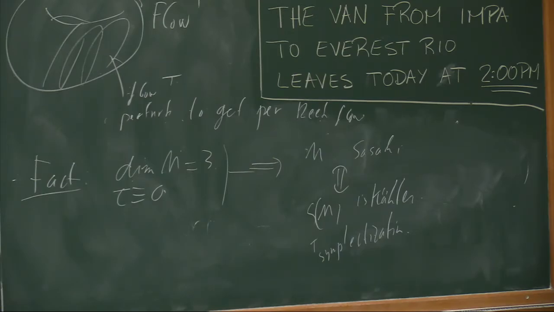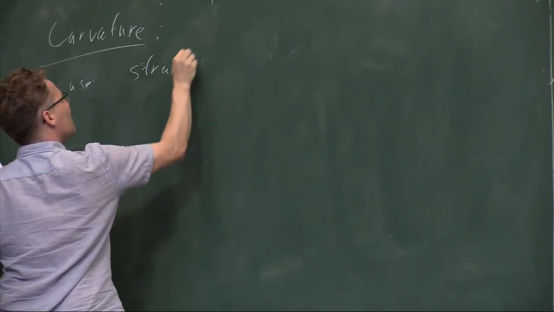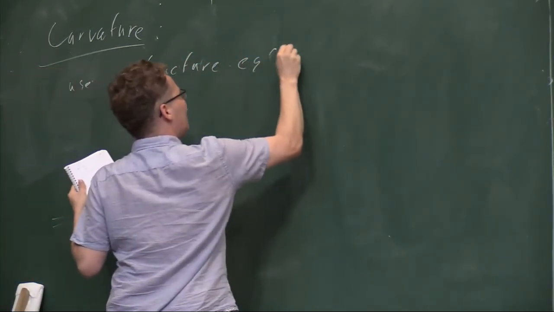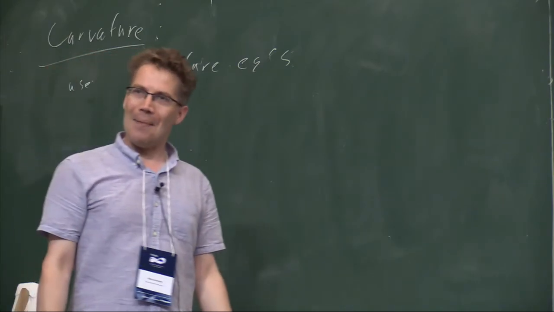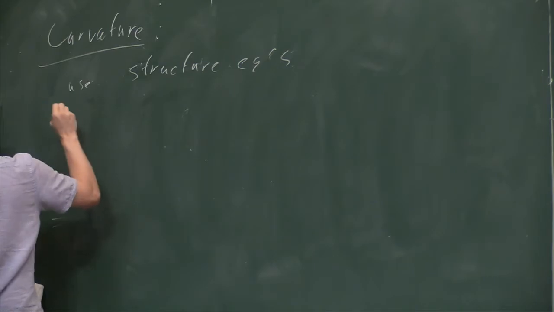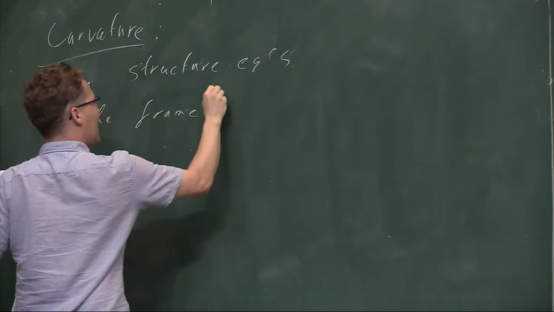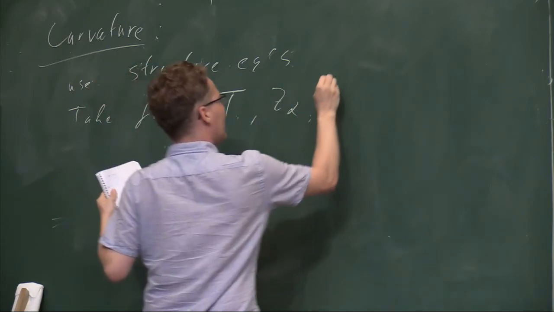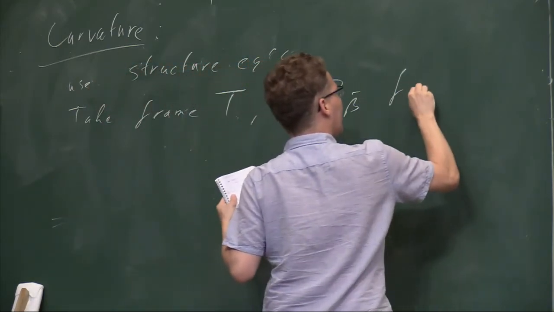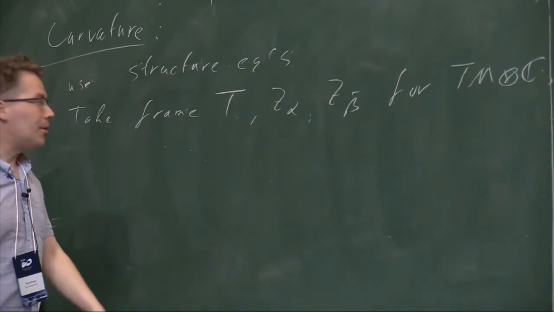Okay, so the curvature you can define via the structure equations. So we are going to need a moving frame. So take a frame, say T, Z alpha, Z beta bar, for the complexified tangent bundle.